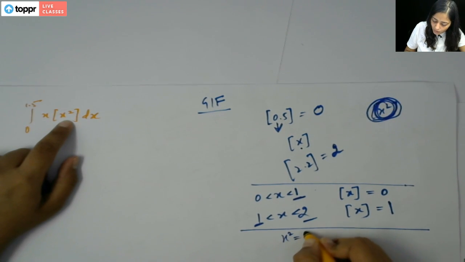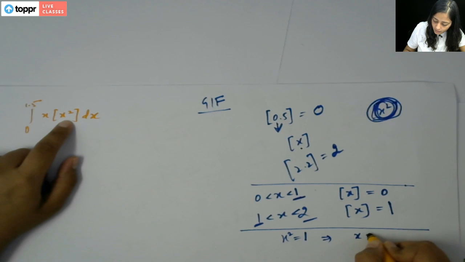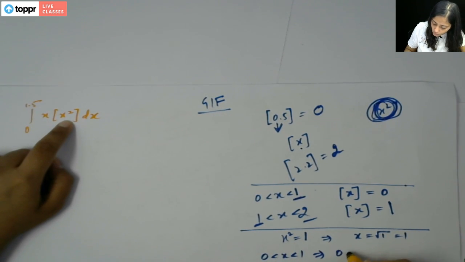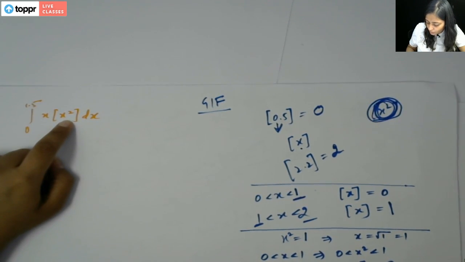So if x² is equal to 1, we get x to be the square root of 1, which is 1. So if x is from 0 to 1, our x² is also from 0 to 1, so we'll get the greatest integer of x² to be 0. And if x² is 2, then x is equal to root 2. So if x is from 1 to root 2, then x² would be from 1 to 2, and we get the greatest integer of x² as 1.